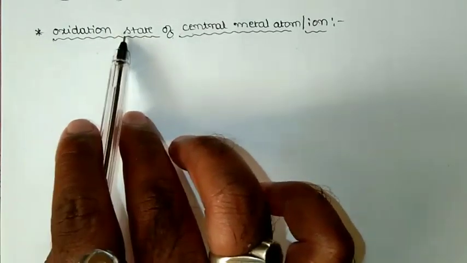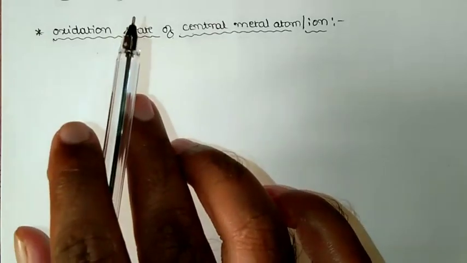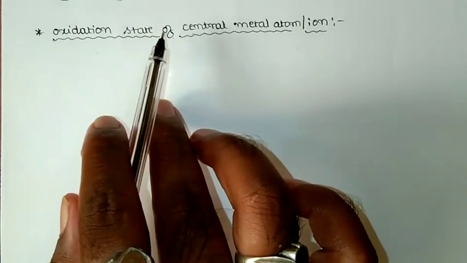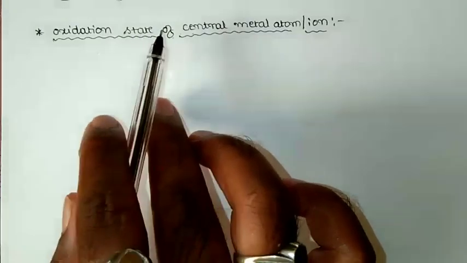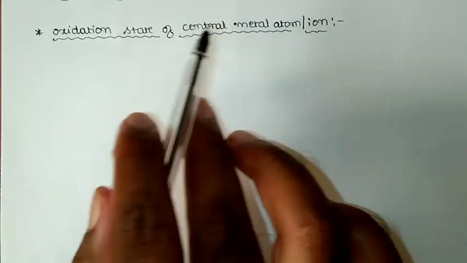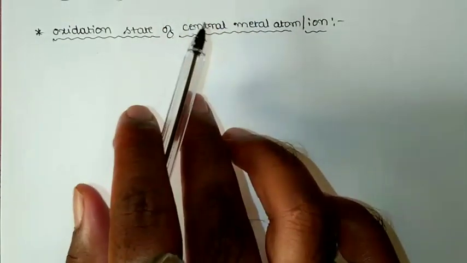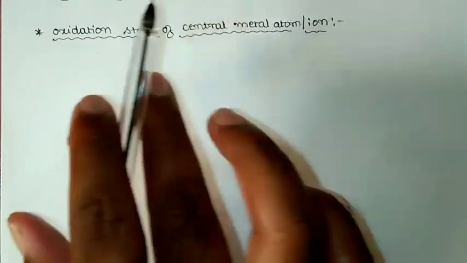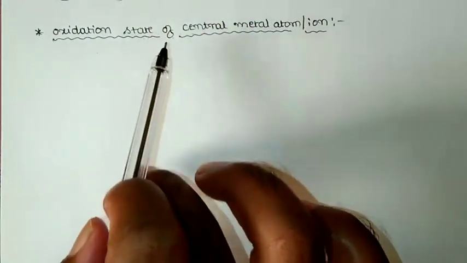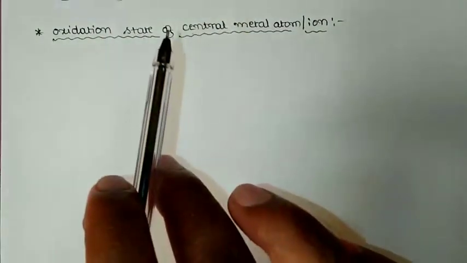To find it, we need to know the denticity of the surrounding ligands as well as the nature of the ligand, that means whether the ligand is neutral, cationic or anionic. We also need to be aware of the charge present on the ionic sphere of the complex salt.